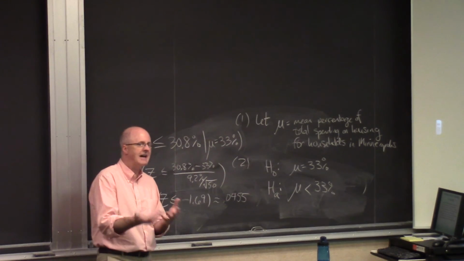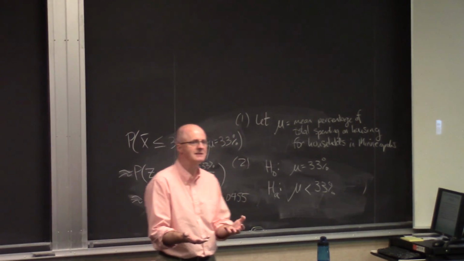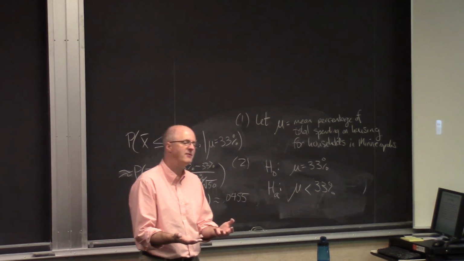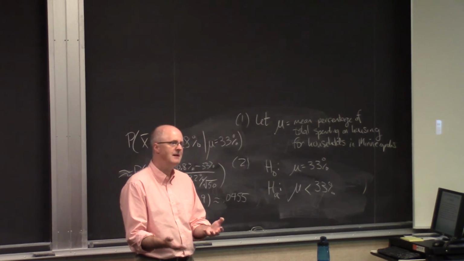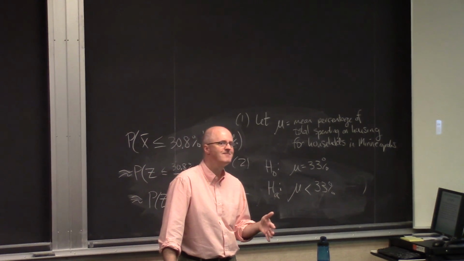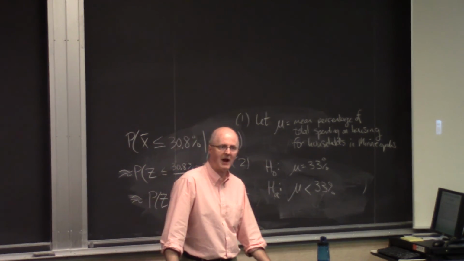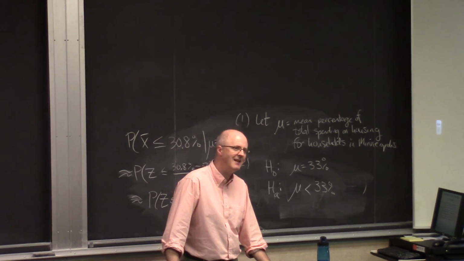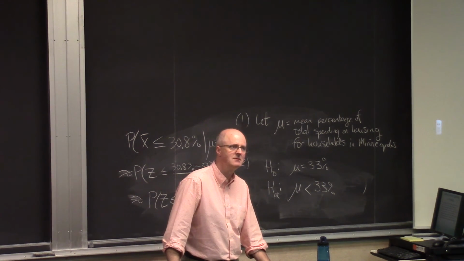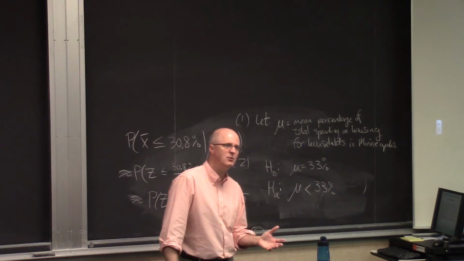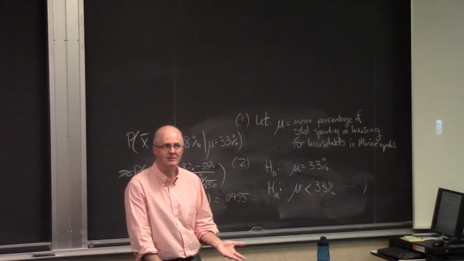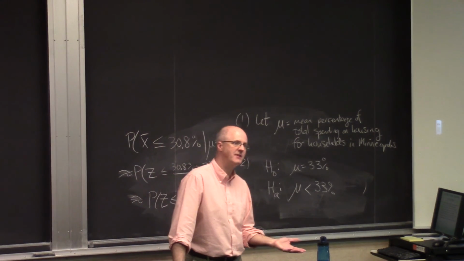If the book doesn't tell you what to pick, you can pick 5% here initially, but I think later on we might want to use better judgment perhaps, based on the nature of the example and how bad it would be if you rejected the null when the null is true, or failed to reject the null when the null is false.